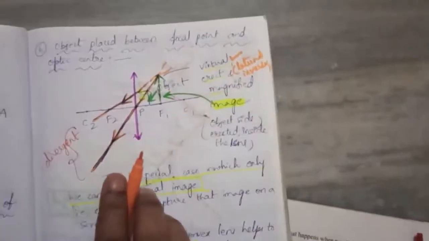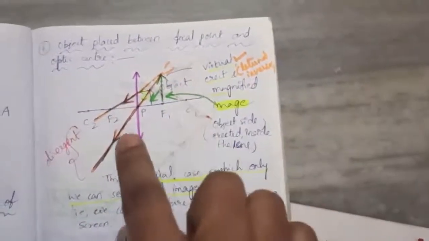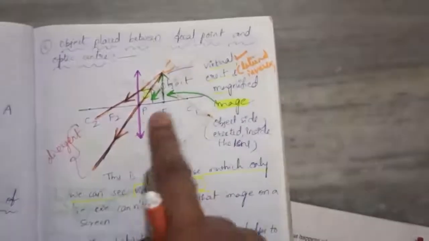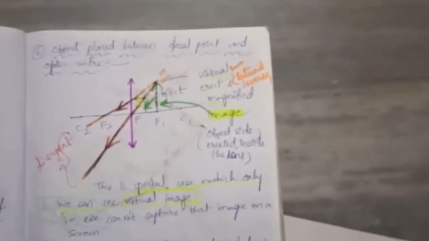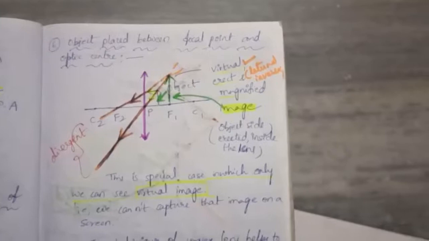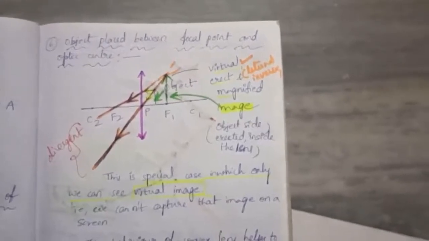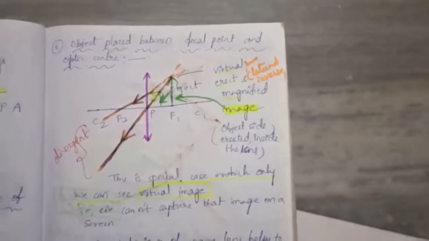A virtual image will be obtained only when the object is between the focal point and optic center. Like in the case of reflection, where we discussed all the cases of the concave mirror, here we have discussed all the cases of the convex lens, which is convergent and gives real images.